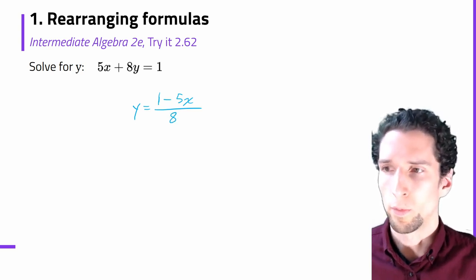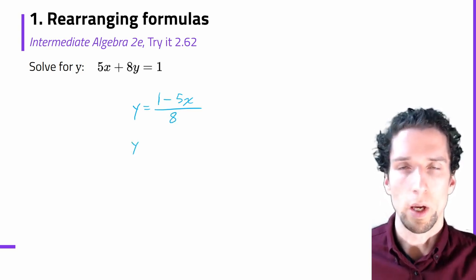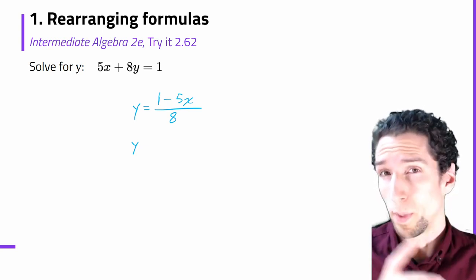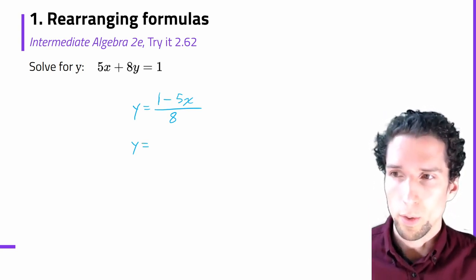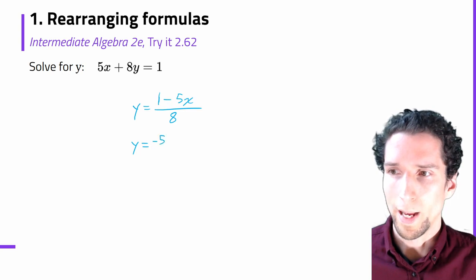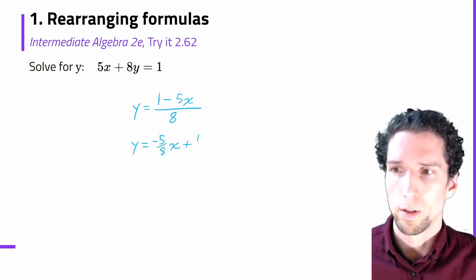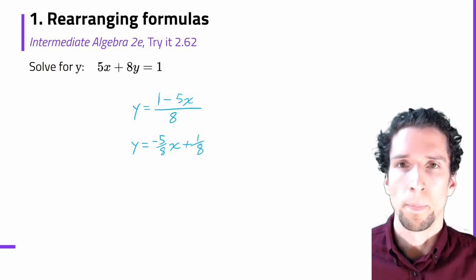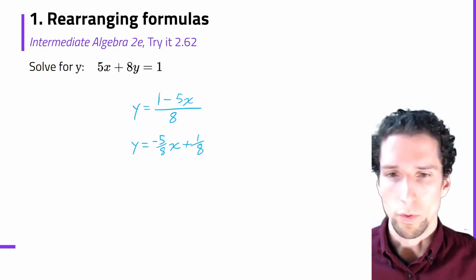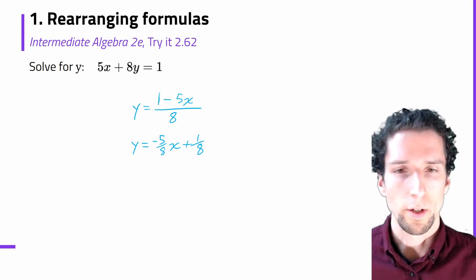But then if we rearrange it to the y equals mx plus b form that we did for the previous questions, it would end up being negative 5 over 8 x plus 1 over 8, like this. So two different ways we might have expressed our answer.